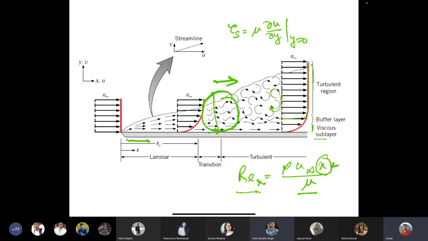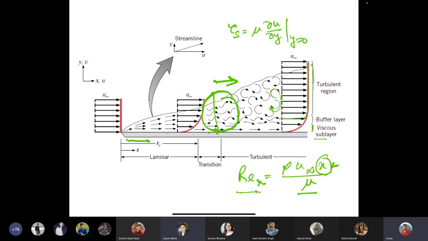Anyone? Greater than a number like, I forgot it. Around 10 to the power 5. 10 to the power 5 is too much, not 10 to the power 5. Flow inside a pipe. Sir, 3000. Sir, laminar, more than 3000. The flow has to be lesser than how much of the Reynolds number? Sir, more than 3000 turbulent.